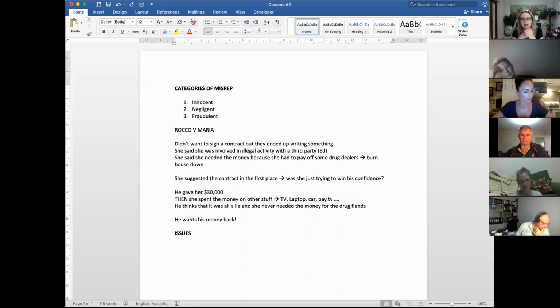But in terms of duress, there's a threat. In terms of undue influence, usually there is a power asymmetry between the parties. There's a relationship that would suggest dominance and weakness, and one party has taken advantage of that. With unconscionable conduct, you have the whole issue of whether one of the parties is under some kind of special disability.